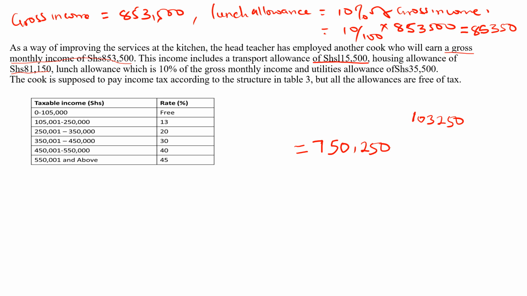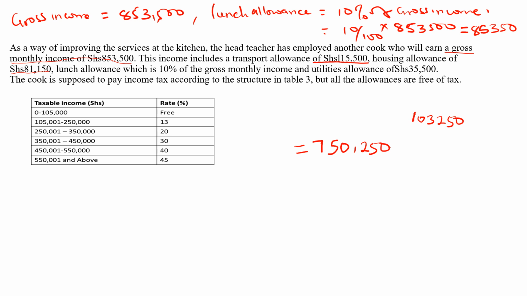And these are the tax slabs. Here we have taxable income, then we have rate. After having that, the first step is finding the allowances. The question is asking us to find the net income for the cook.